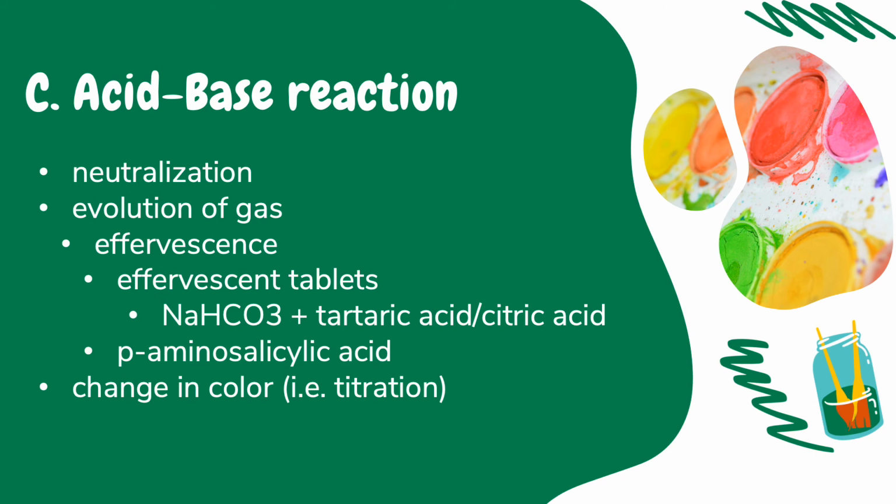The next chemical incompatibility is acid-base reaction, where neutralization occurs. Therefore, evolution of gas can be observed. For example, in effervescent tablets, by adding sodium bicarbonate and tartaric acid. Also in para-aminosalicylic acid. In acid-base reaction, a change in color can be observed.